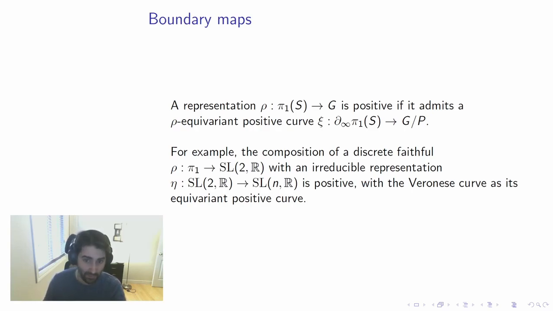And here I say curve because I have in mind the case of a closed surface, but since we're looking at actions of free groups, the surfaces we're looking at are really open surfaces or surfaces with boundary components. And so the curve is a Cantor set sometimes when your surface is not closed.